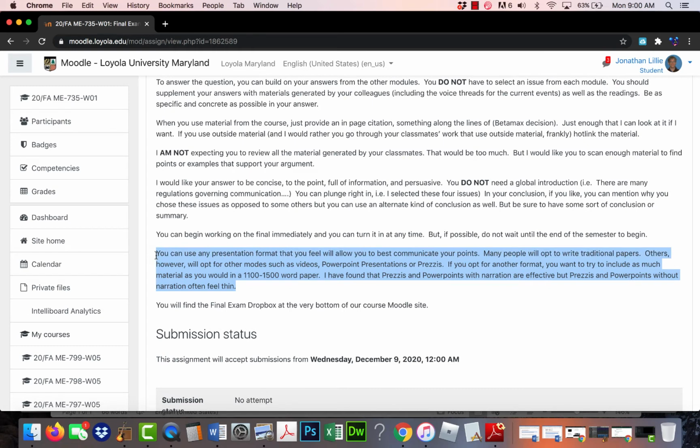Lastly, I want you to have some flexibility in your presentation format, so you can turn in a traditional essay. Maybe if you want to include some of the information from your presentation as a module leader, and you did a PowerPoint, then maybe focus on converting it to a paper and giving some additional context that you didn't give before.